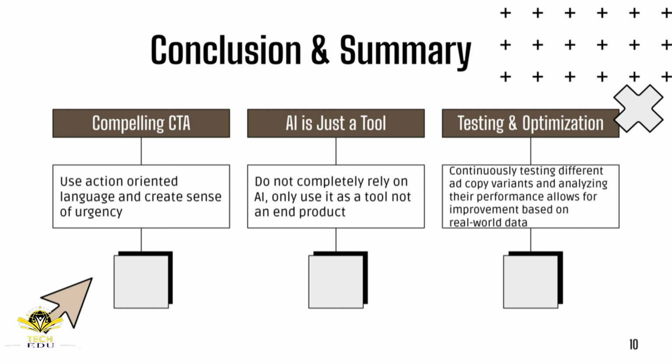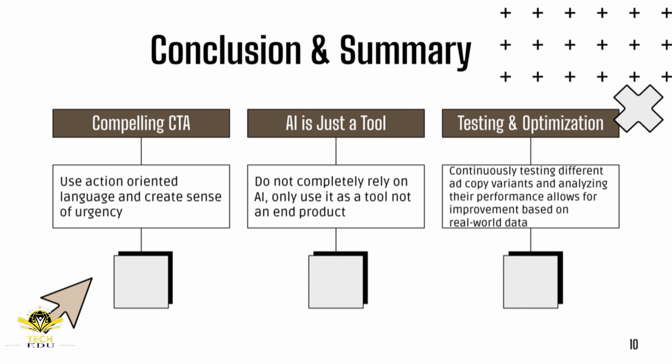And in most cases, when you're running ad campaigns, you're going to be displaying several different ad copies, right? And not all of them are going to perform very well. There are some that are going to perform very well, but there are other ad copies that are not going to perform very well.